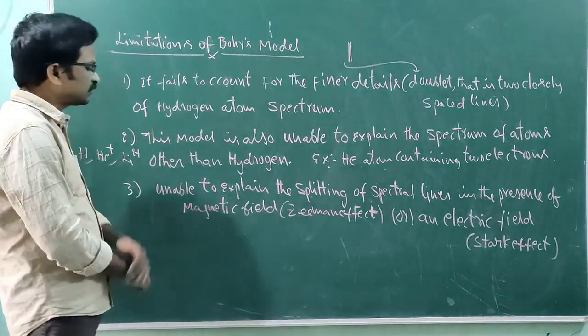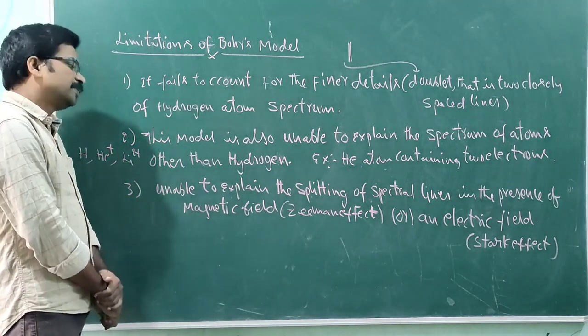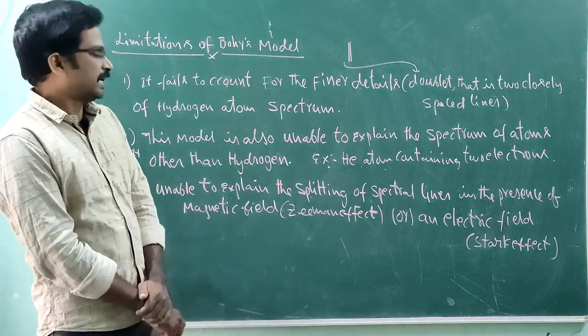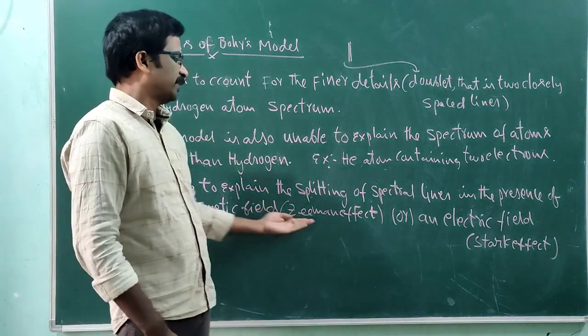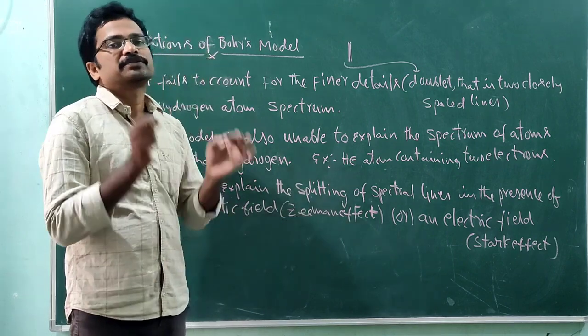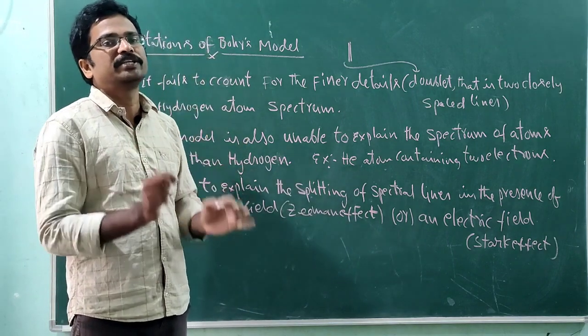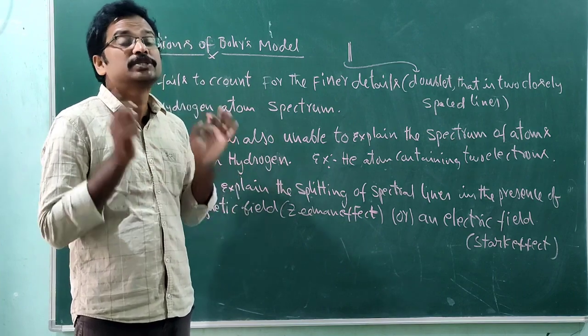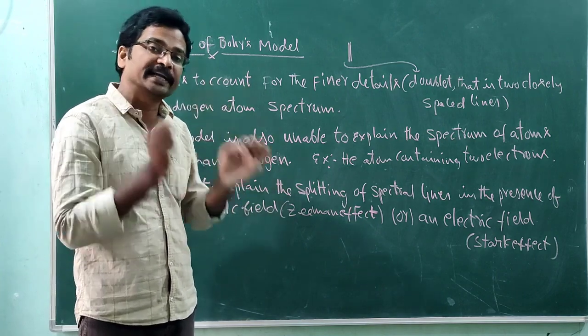Next, the third point. It is unable to explain the splitting of spectral lines in the presence of a magnetic field, which is known as the Zeeman effect. Once again, it cannot explain the splitting of spectral lines in the presence of a magnetic field.